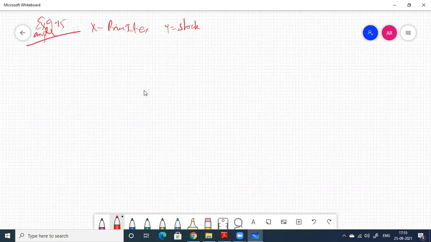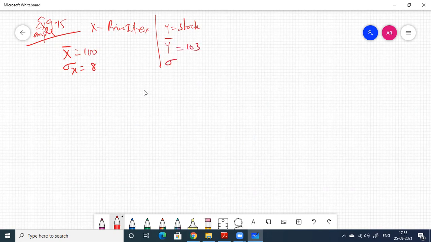The mean and standard deviation of P are 100 and 8, so x bar is equal to 100, standard deviation of x is equal to 8. And that of S: y bar is 103, standard deviation of y is equal to 4 respectively. Correlation coefficient r is equal to 0.4. With these data, obtain the regression lines of P on S and S on P.